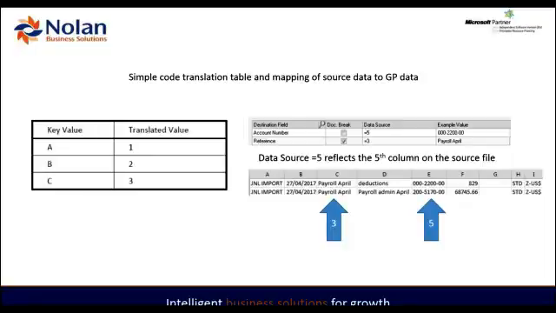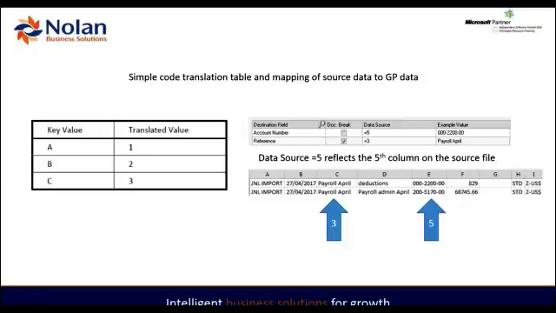So just to show you, we will go into Dynamics GP, and I will show you this in its full extent, but just to give you an example of how that mapping works, you can see there that there's the destination, so where you want the data to be, and the data source. In this case, it says equals 5, and then the example value that it's found within your source file.